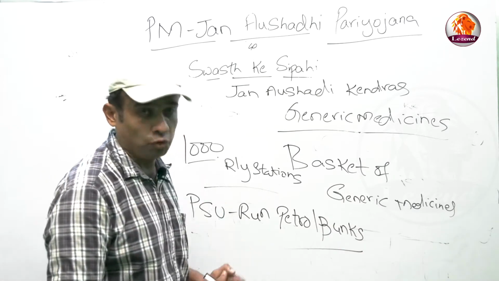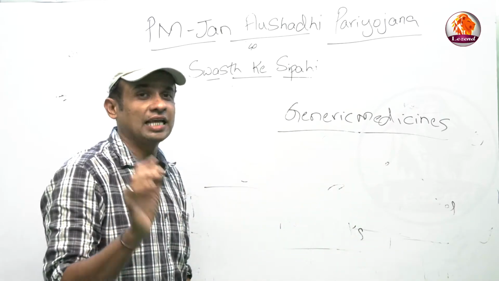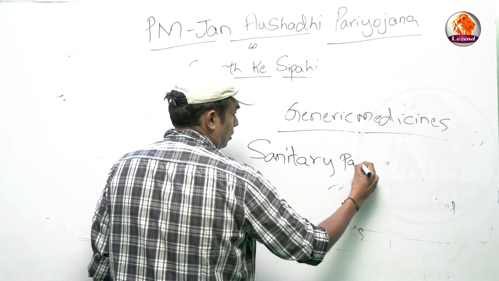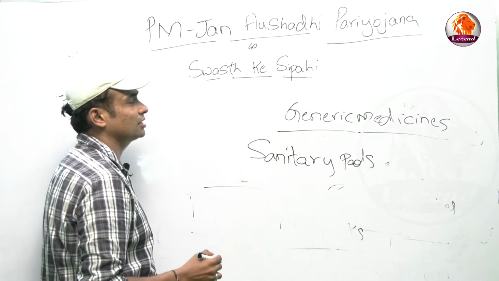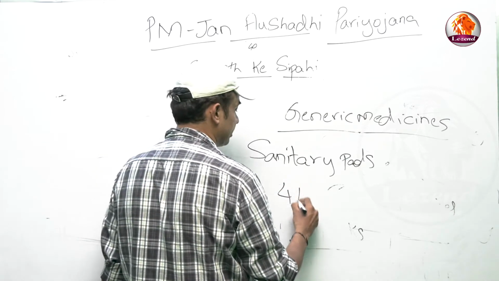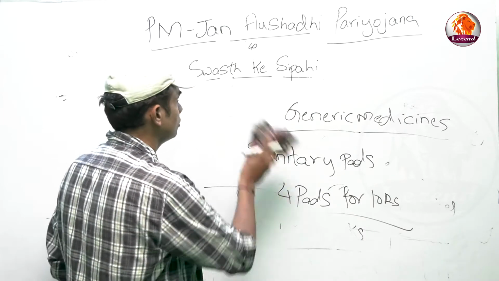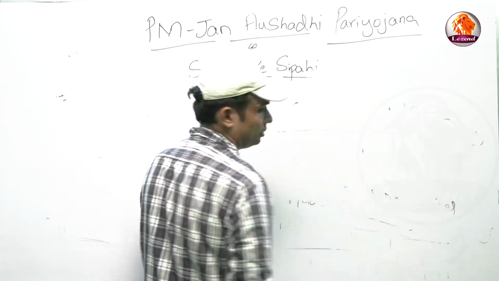And for the sake of women, sanitary pads will also be sold at these Jan Aushadhi Kendras at 4 pads for 10 rupees, for the health of women.